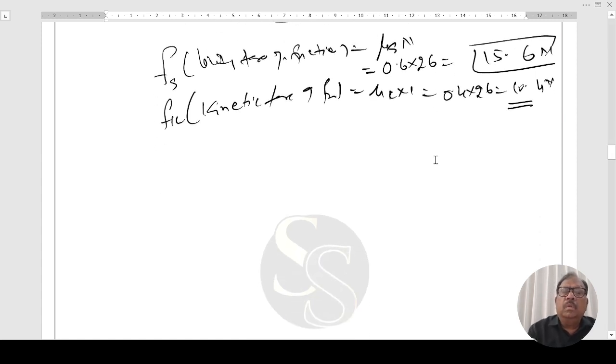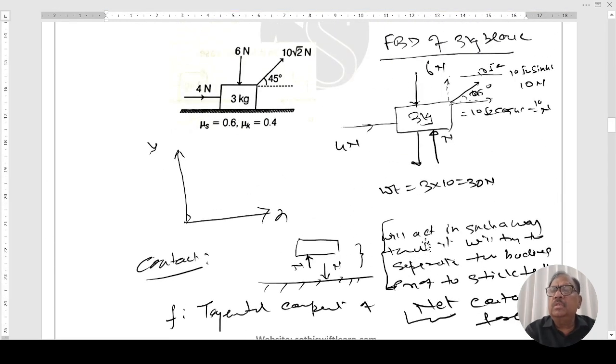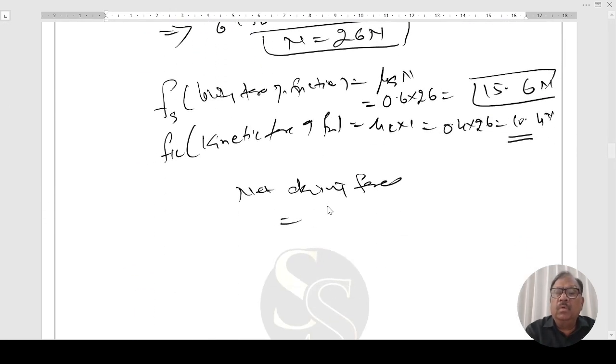Now, the net driving force, that is the horizontal force. This and this are also acting in this direction. Net driving force is 4 plus 10, 14 Newton.